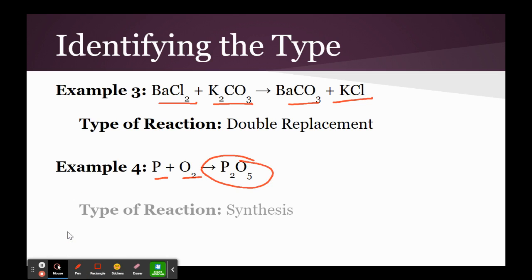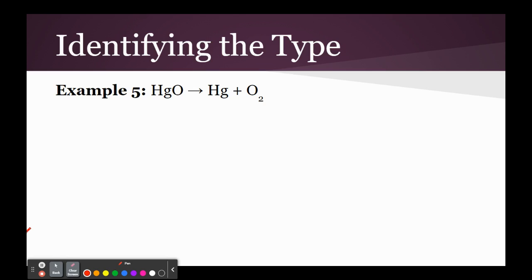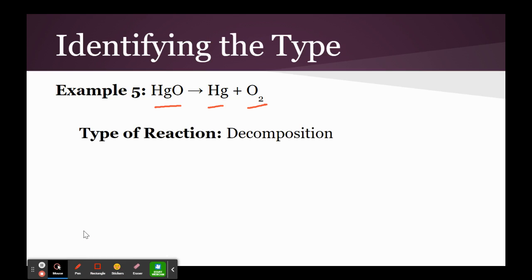That tells us that this is a synthesis reaction. And for example number 5, we have one molecule and it's breaking apart into its different pieces. That tells us that this is a decomposition reaction. So now that we have gone through the notes, you have some practice to work on. Let me know if you need help.